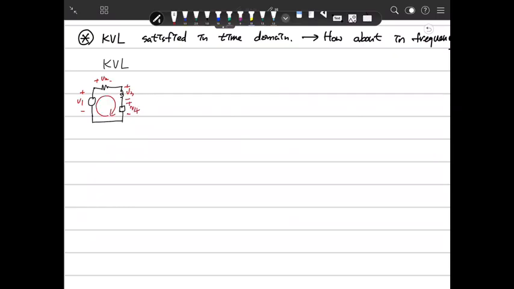KVL means that, with the plus and minus signs, V1 plus V2 plus V3 plus V4 is 0. In a more general form, the summation over all i of vi(t) is 0. That is KVL.